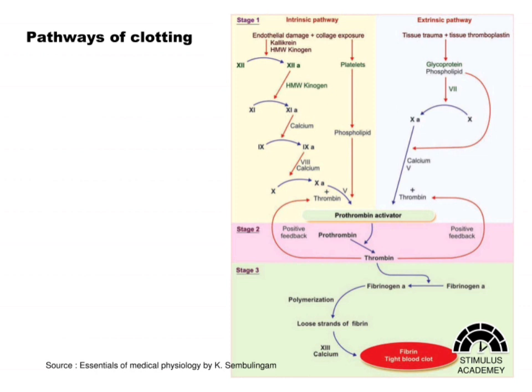And finally, thrombin is activated, step by step. Later, fibrins are formed, which form the tight blood clot. We will get back to this in the third part of the video.